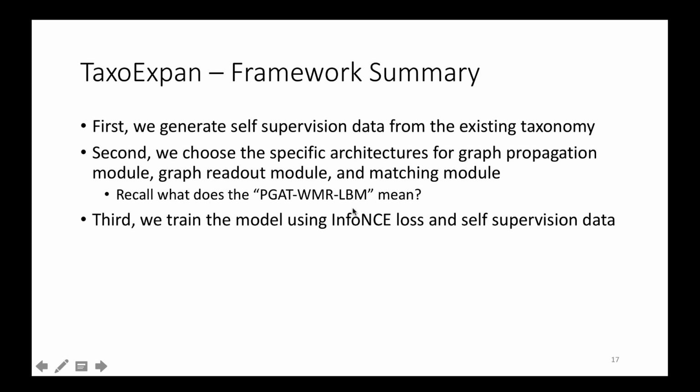Can you still remember what the names PGAT, WMR, LBM mean? This means using the position-enhanced graph attention network for the graph propagation module, using the weighted mean readout as the graph readout module, and using the log bilinear model as the final matching module.